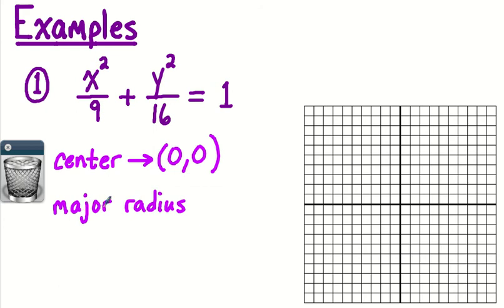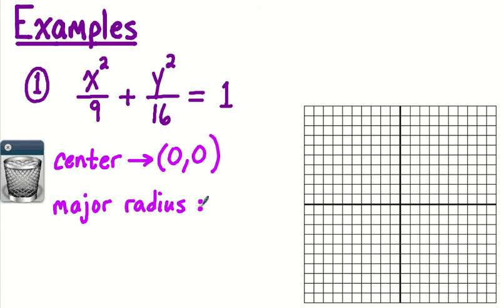But I don't know, this is a much simpler way to say it. It's our major radius. The whole axis would be double this, and so they call the whole axis the major axis. And so just the radius would be the semi-major axis, but let's just say the major radius.